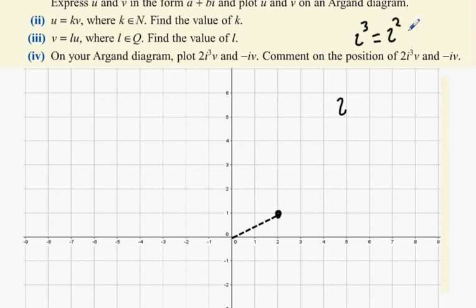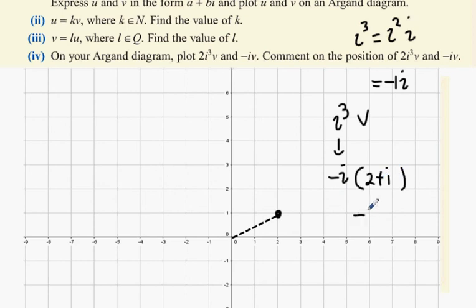It's i squared times i, which is minus 1 i. So to multiply i cubed by V, what I can do is change i cubed into minus i. I change V back into 2 plus i, multiply it out, and what I get is minus 2i minus i squared, and I'm going to get 1 minus 2i.